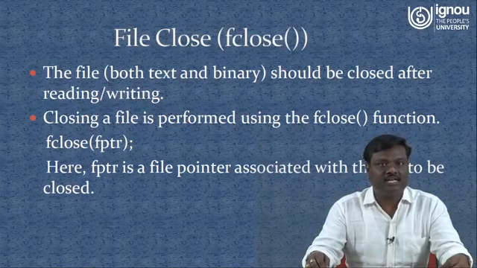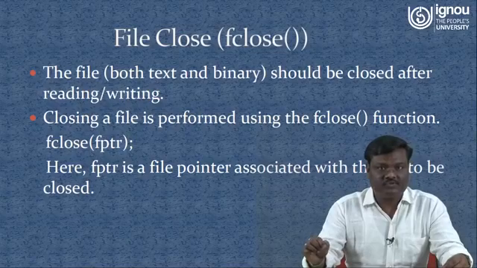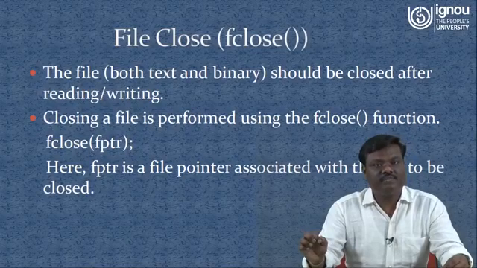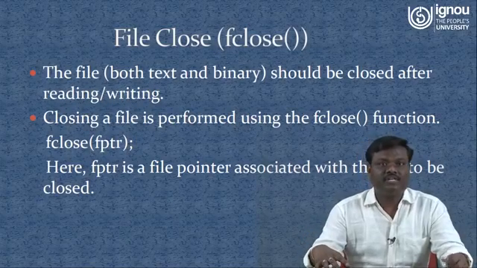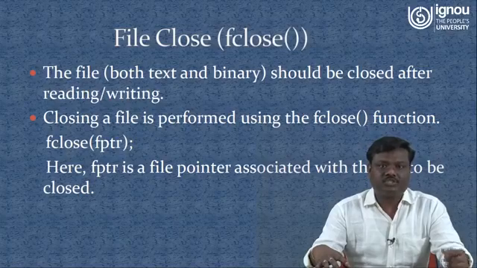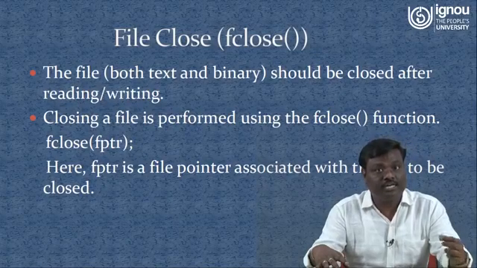Obviously the last three statements before the end of the program would be fclose within braces f1 semicolon, fclose within braces f2 semicolon, fclose within braces f3 semicolon. So all these files need to be closed if we are working with three files in our program. In the example, fptr is the file pointer associated with the file to be closed, and that needs to be mentioned.